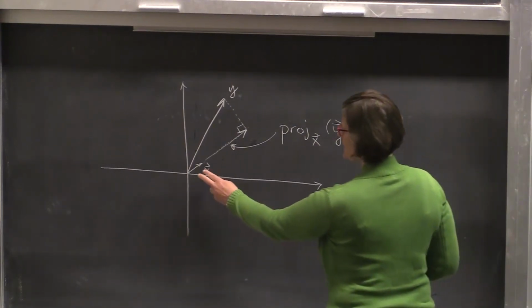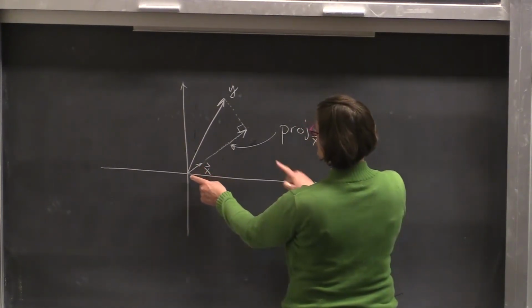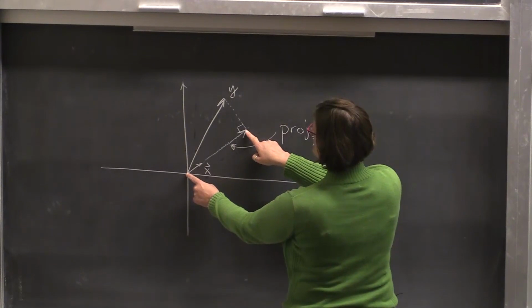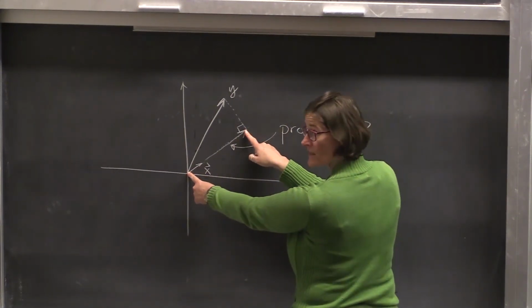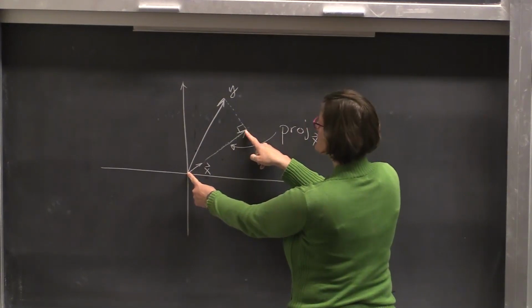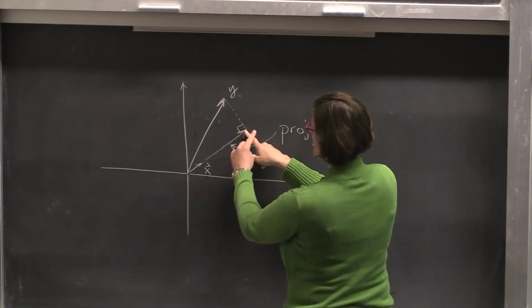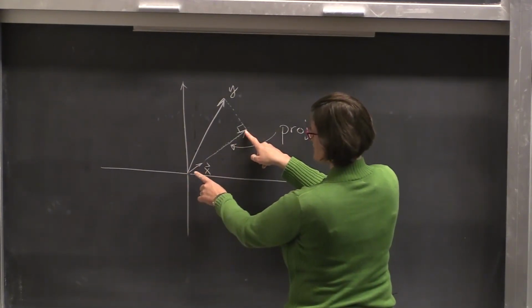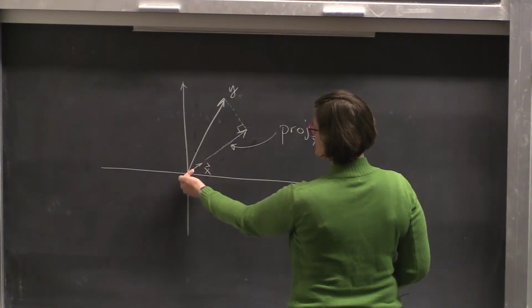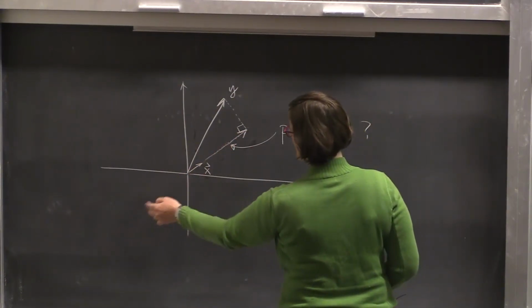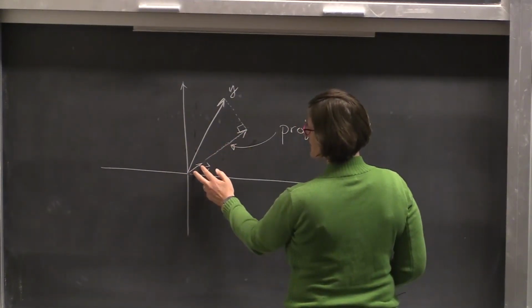So I have a direction given by x, and I'm trying to find this vector. To find it, I need its length and its direction. x gives me a direction, since I'm looking for a vector which is collinear with x.